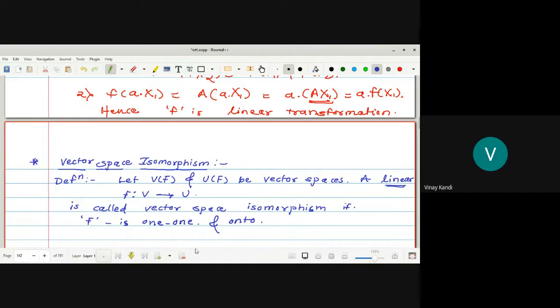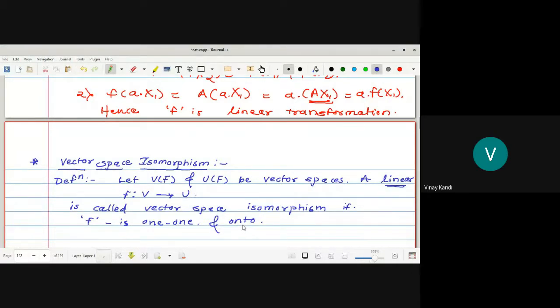That means every element of V corresponds to an element of U. There is a one-to-one correspondence between V and U, and the range set of F is equal to the whole vector space U. That means the function is onto.